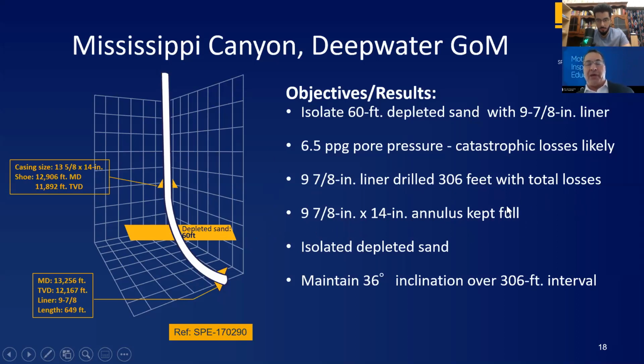But the big thing here was the annulus was kept full using a trip tank and a riser pump. The sand was isolated. They maintained their established 36-degree inclination over the 306-foot interval without any active directional control. Very cool job. And an SPE paper was written on that, 170290.